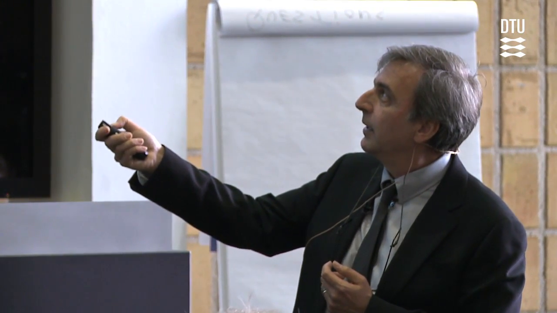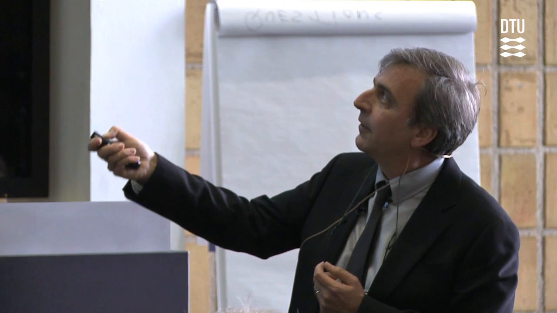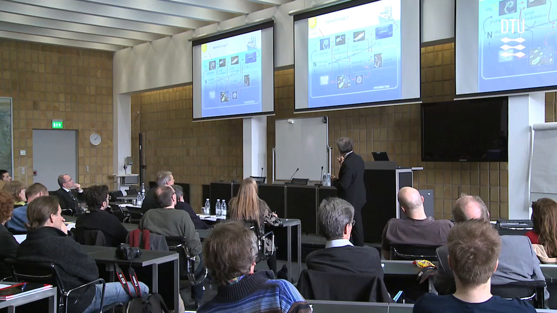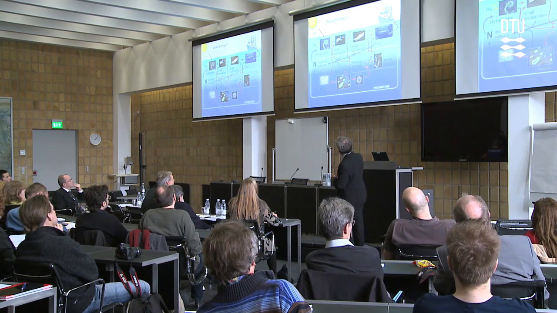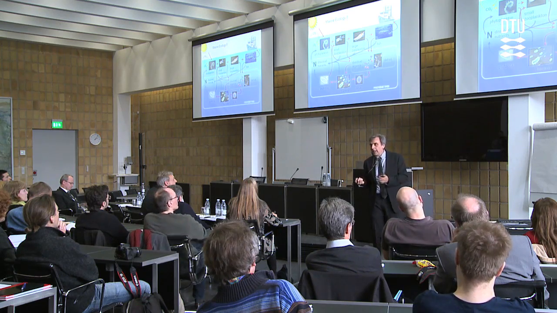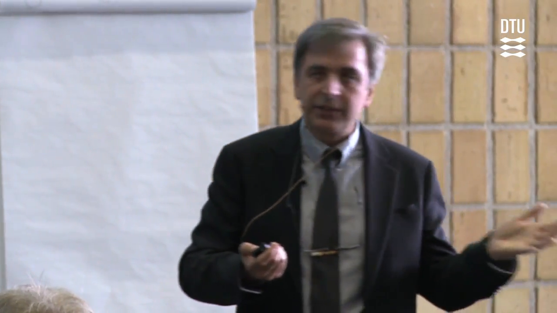It's a very inefficient process, and dissolved organic material and particle detritus rains down into the water column, which then feeds an entire microbial loop. And that's very important for the regeneration, the recycling of nutrients, which eventually come back up and run through this whole system again.